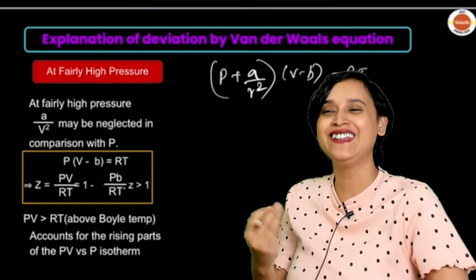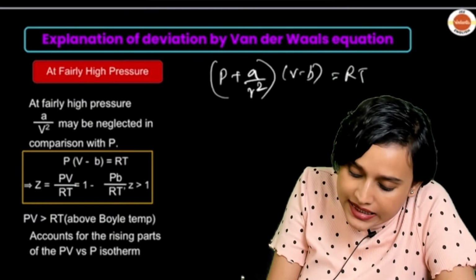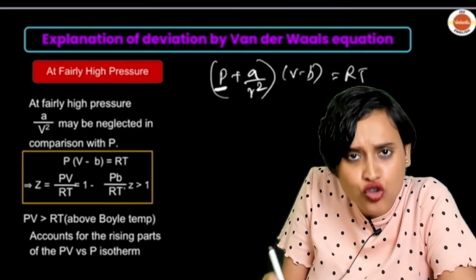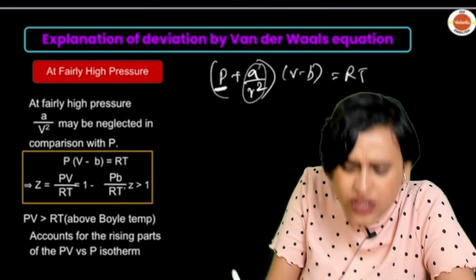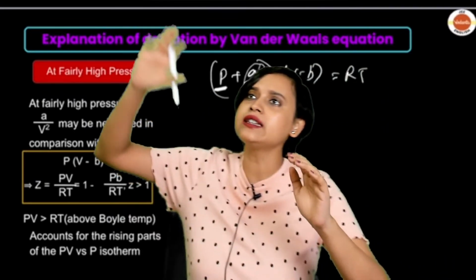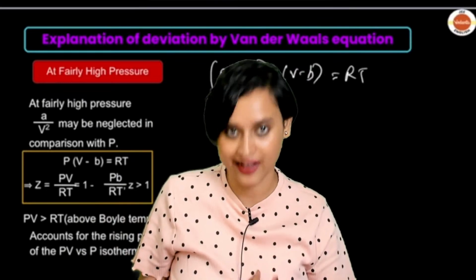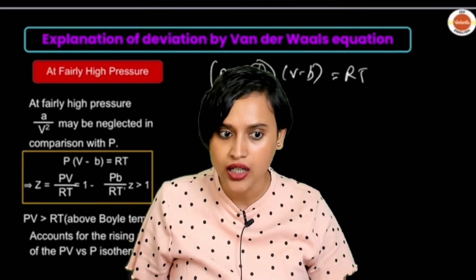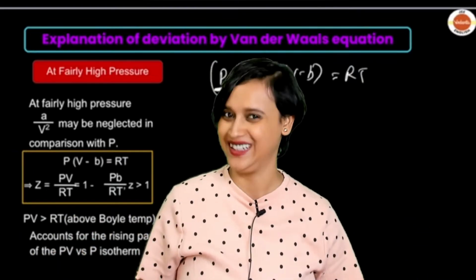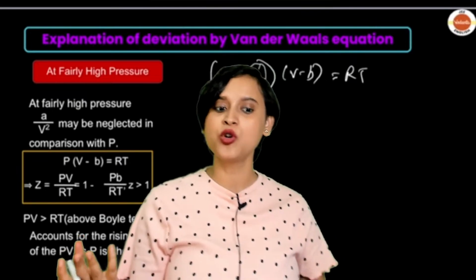At fairly high pressure, P is so high that this almost becomes negligible. For example, if I have to spend 10 lakhs on a car, then how does 1,000 rupees matter? It doesn't matter.